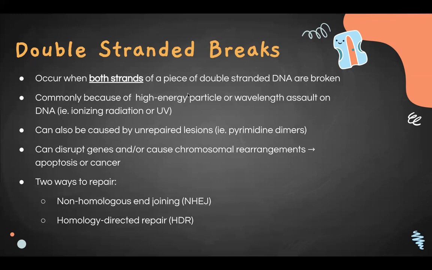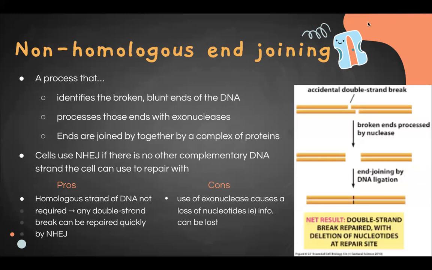And so there's a couple of different ways to repair double-stranded breaks. There's non-homologous end joining and homology-directed repair. Non-homologous end joining is a process in which the cell first has to identify the broken blunt ends of the DNA.